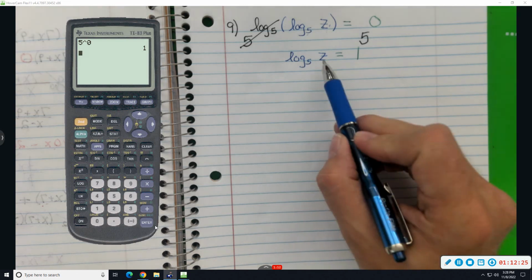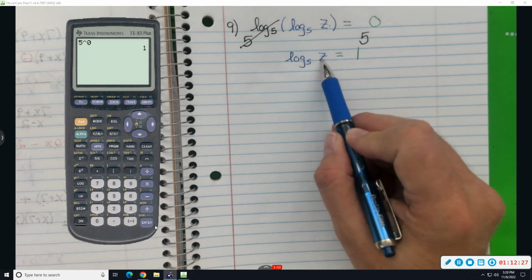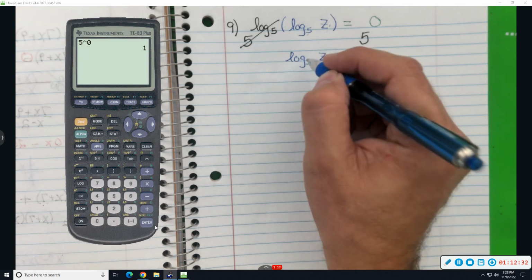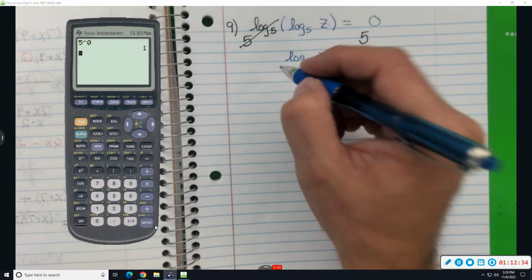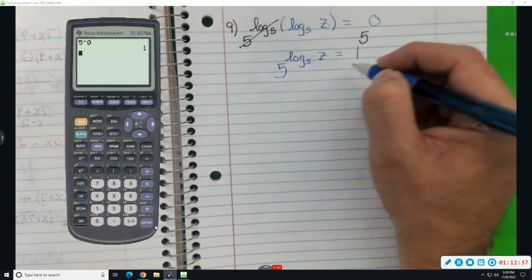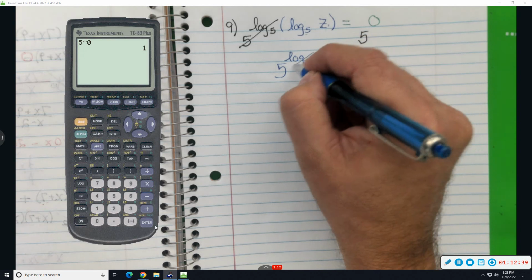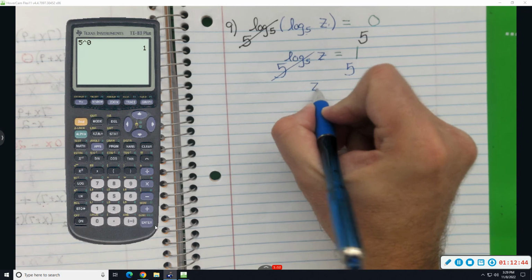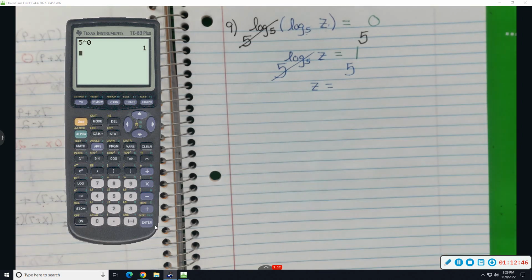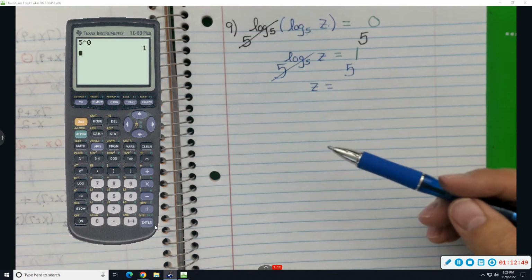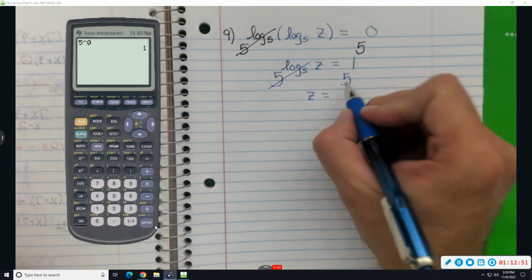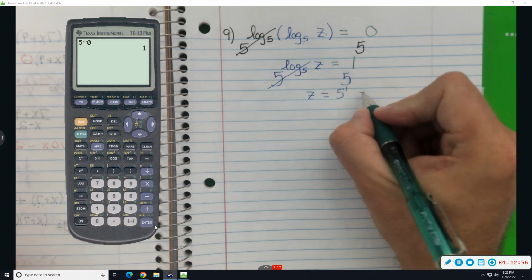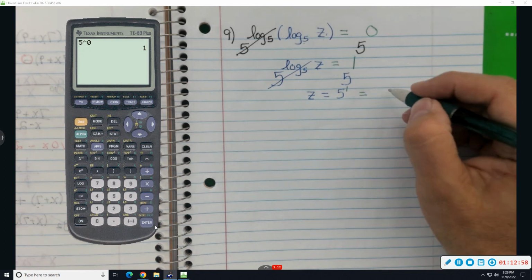I want to just have z equals a number. I'm isolating the z. So what blue number do I need to put right here to cancel out that log base 5? Yeah, another 5. This is a problem that looks much worse than it actually is. Now this is a 5 to the 1 power, which is what answer? 5.